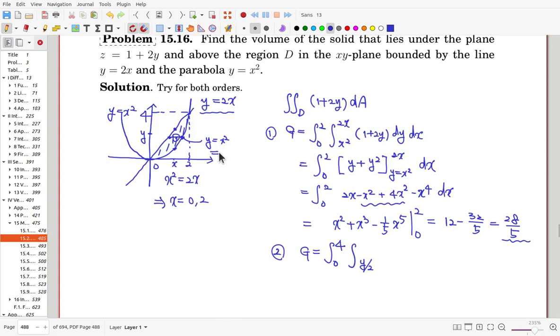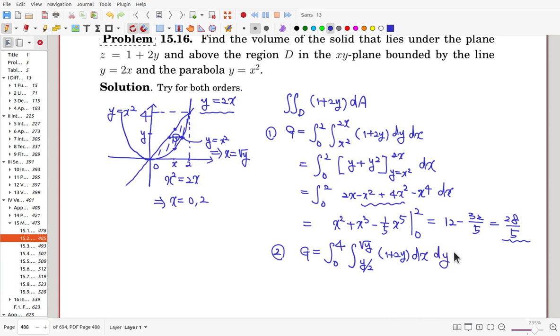X is, from this one, the square root of y, right? And the integrand is 1 plus 2y, with x direction inside, and y direction outside.